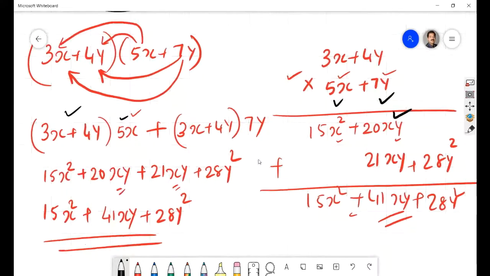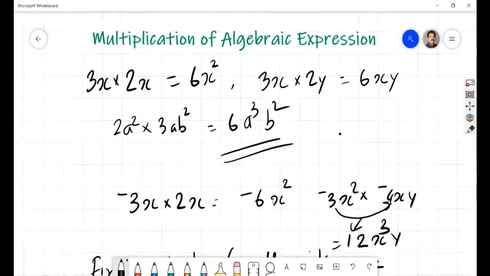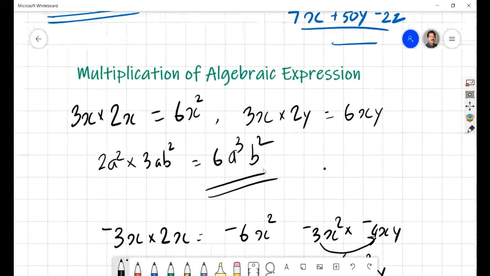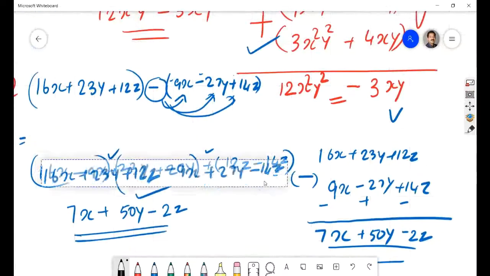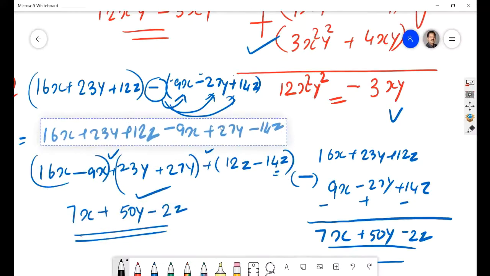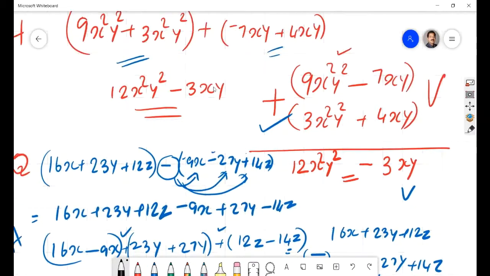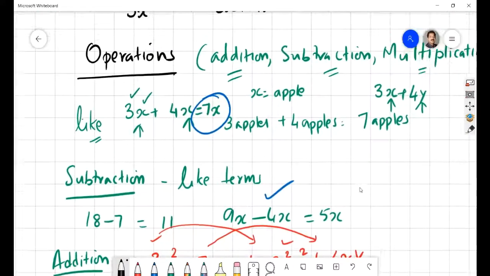Hope that this will be sufficient for you to go through the examples once again, as well as to do the exercise, which will be a test for you whether you understood or not. Basically it was about addition and subtraction of algebraic expressions, with monomial, binomial and trinomial.